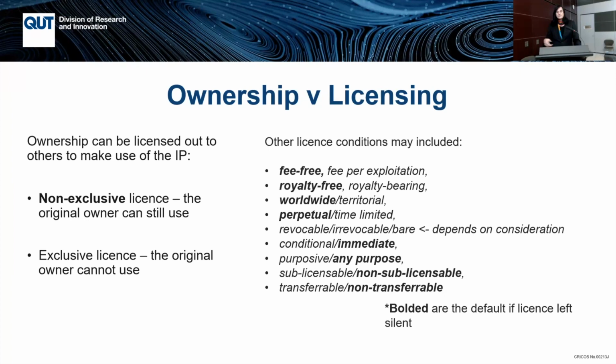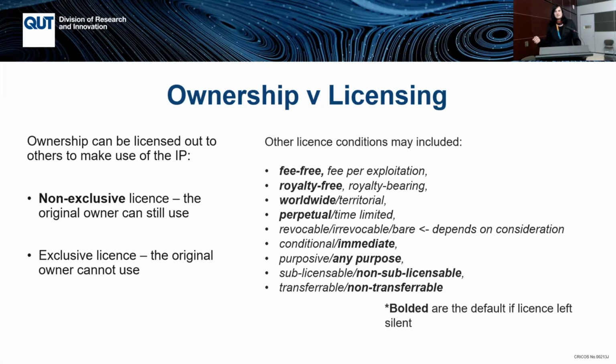Now, most contractual licenses, and you'll see in the passport agreement, include explicit statements about these things. But if there's no statement, if it's just a license, then we would expect that the bolded nature of the license here would be the one that would apply. So it would be non-exclusive.